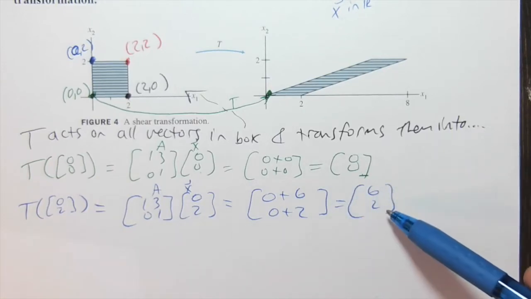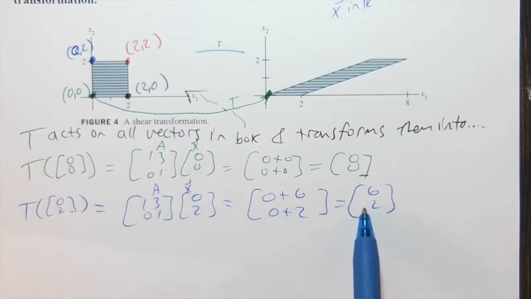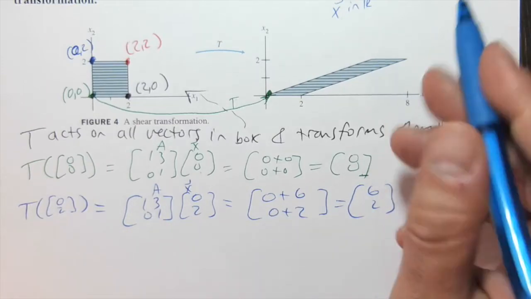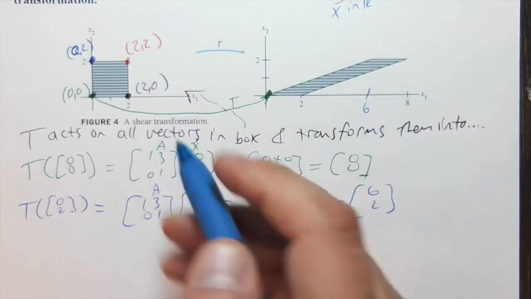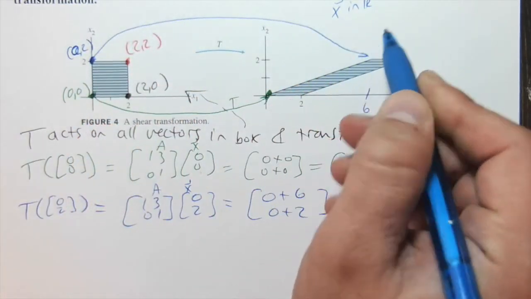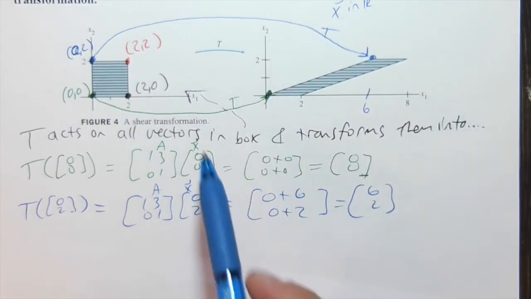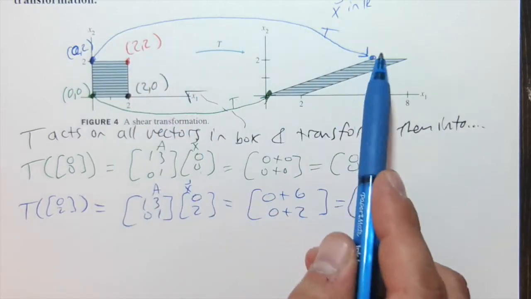Whoa, okay, so this one changed. Right, we acted on this vector, and now it's at 6, 2. So that's what's going on right here, right? This is the point 6. And so we see that this one, when it got acted on, went over to here. So it acted on that corner and shifted it over there.